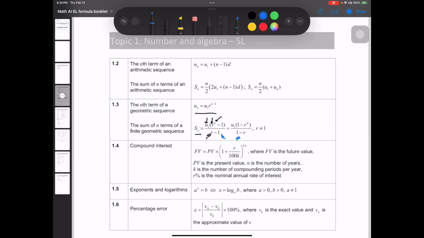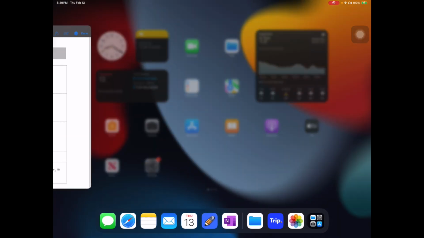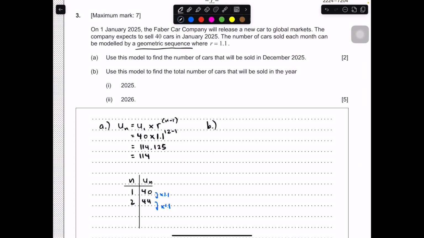The only thing is if r is bigger or smaller than 1, it saves us from having to deal with negatives. But if you're using your calculator, it's not a big deal. Either one is okay.